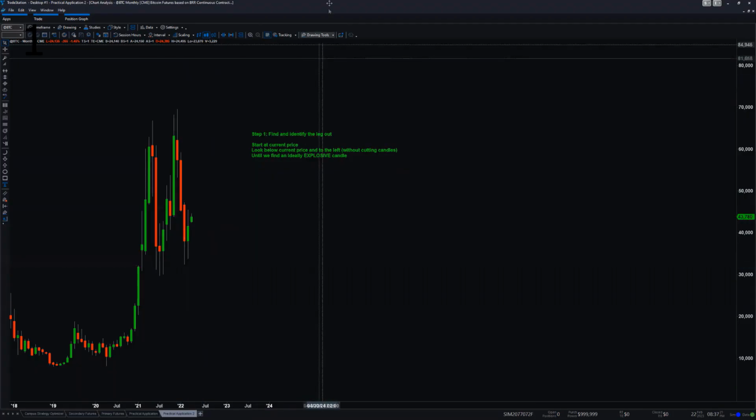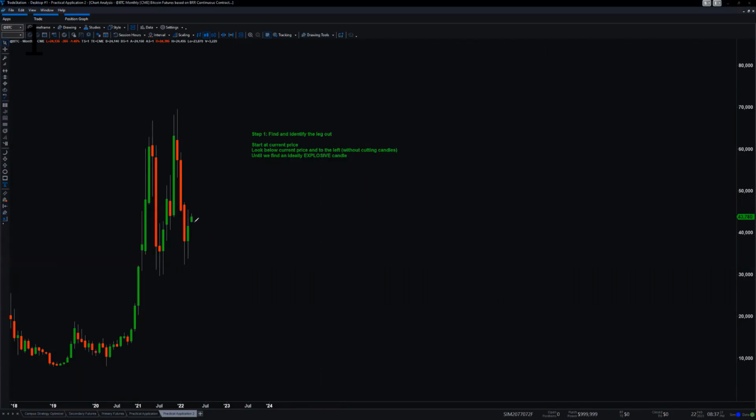Now what I'm not allowed to do, just to show that, is this: if I'm going down like this and I go horizontally to the left, I'm now here, I go down below the wick. Now I go horizontally to the left. What I'm not allowed to do is look up and cross some of those candles.